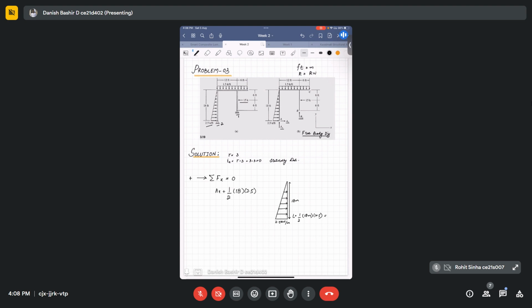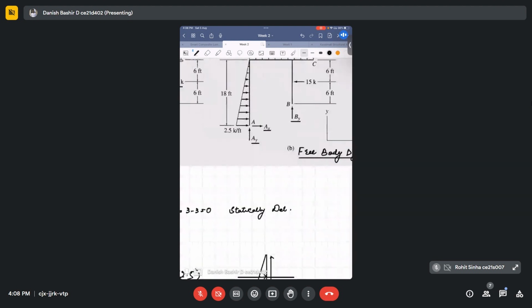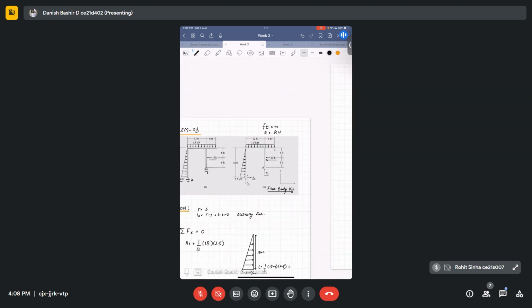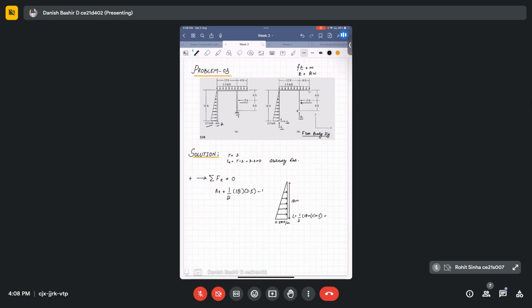This is the total load acting in the x direction, and then we have this 15 kilonewton acting in the opposite direction, so it will be minus 15 is equal to 0. From this, if you perform the calculations, Ax comes out to be minus 7.5 kilonewton, and the assumed direction was this. But since it's negative, we have to write the correct direction for Ax to be 7.5 kilonewton along this direction. We got our first reaction.